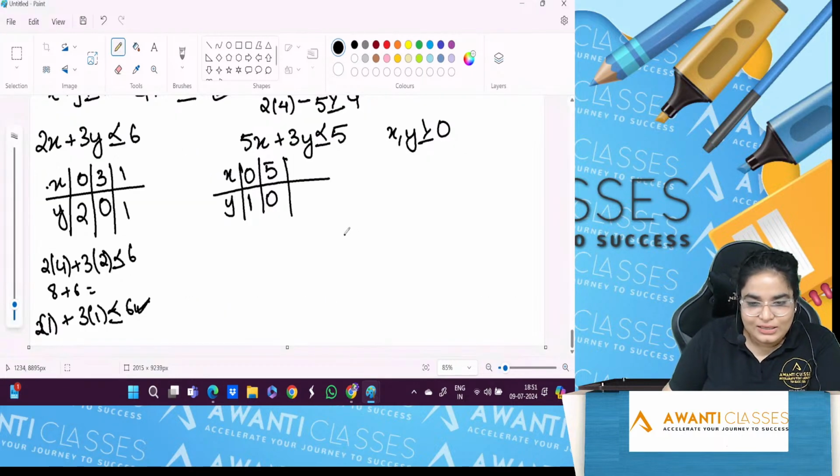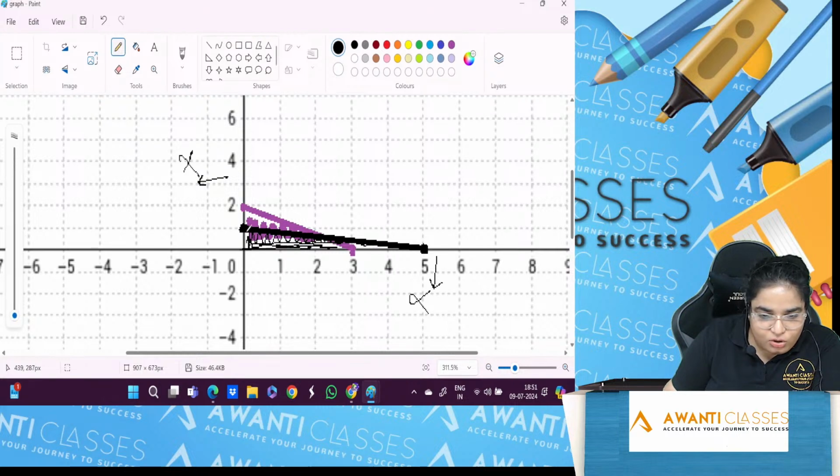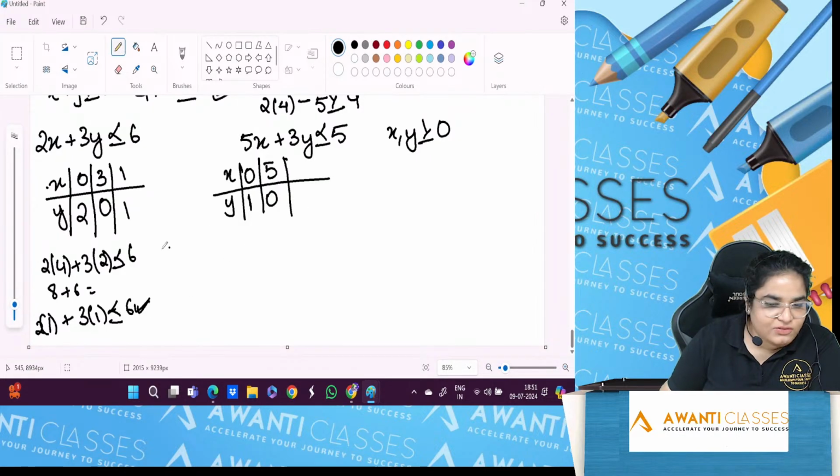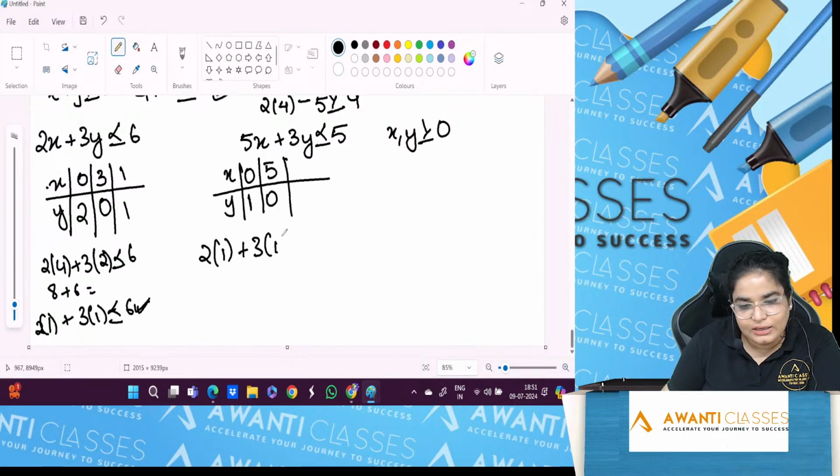Okay. So in this, where is the common area? The common area is here. Can we try what is here? Yeah, we can try it maybe here. See, 1, 1 should satisfy both. So if I take x and y as 1, will this satisfy?